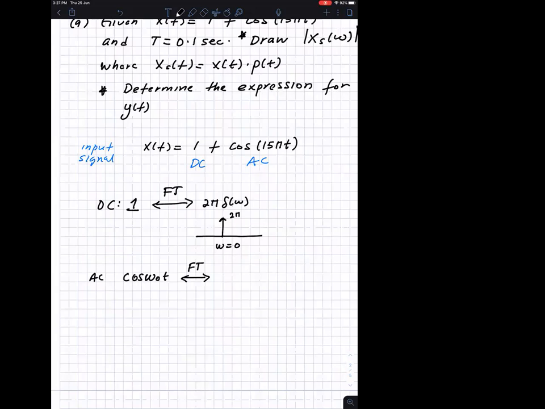If you look at this signal in the frequency domain, let me write the equation first. It's going to be pi times delta of omega minus omega naught plus delta of omega plus omega naught.